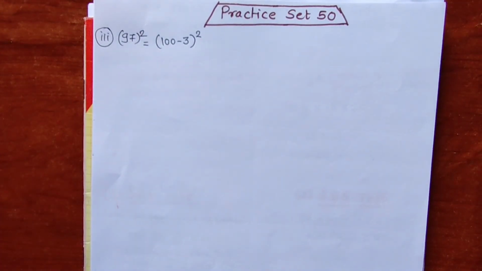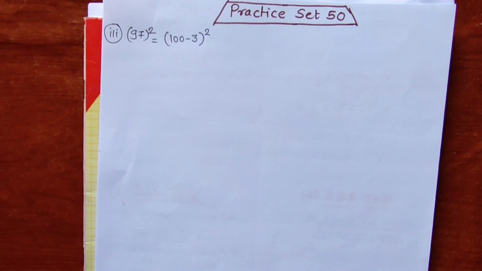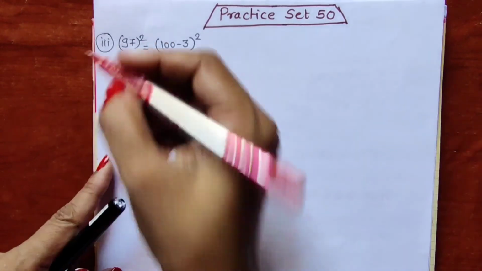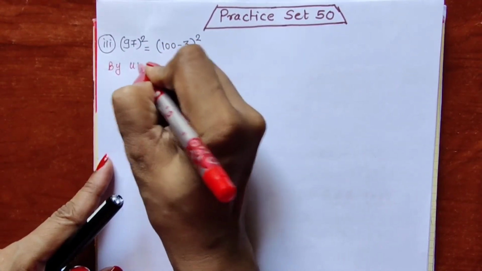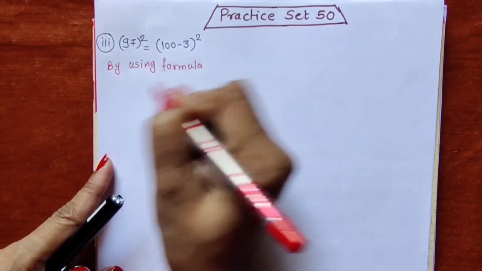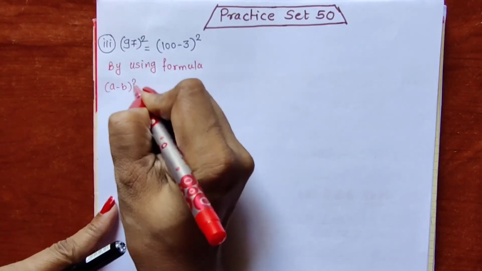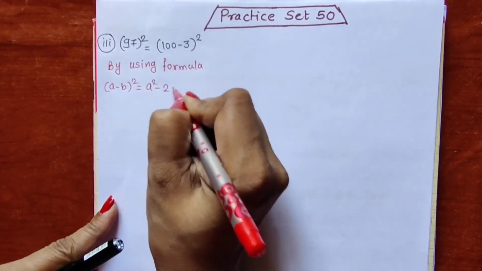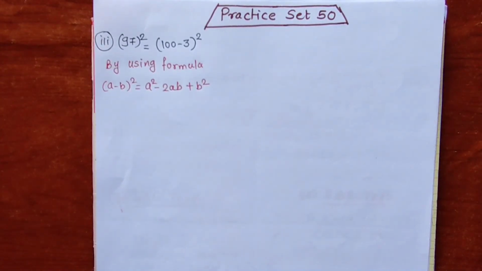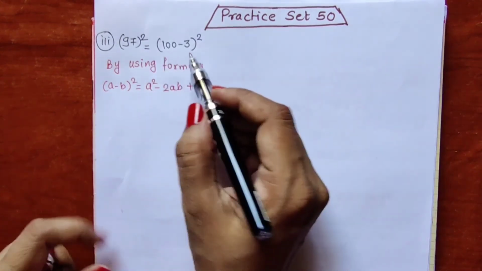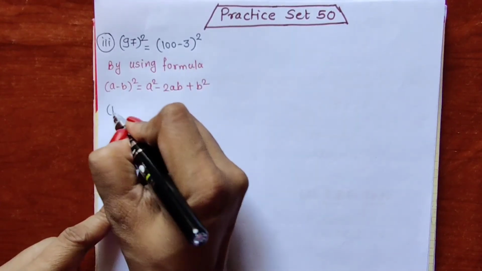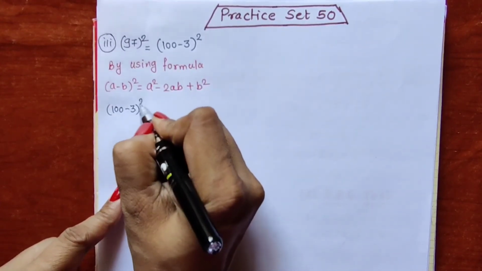So now minus we have written, so we can apply the formula of a minus b whole square. So we have to use a minus b whole square formula, which is a square minus 2ab plus b square. Okay, so now we have used the formula. We will be writing the question again. In place of 97 square, we will be writing 100 minus 3 whole square, because we have to use this expansion formula.